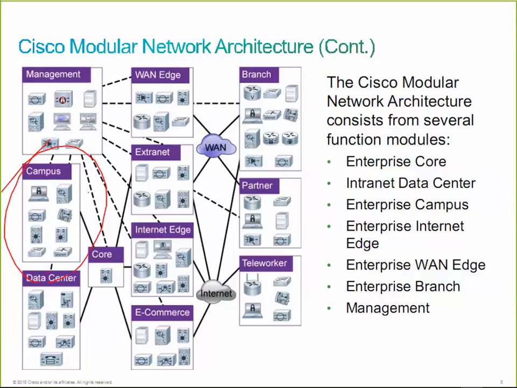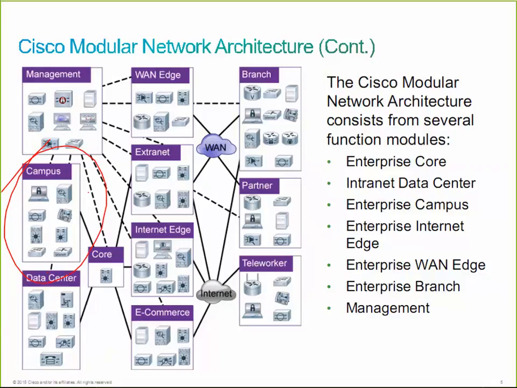Okay? Now, there is actually a separate modular network architecture specifically for campus design. Remember, all of these modules, this is the high-level architecture, but all of these modules also have a lower-level architecture as well.